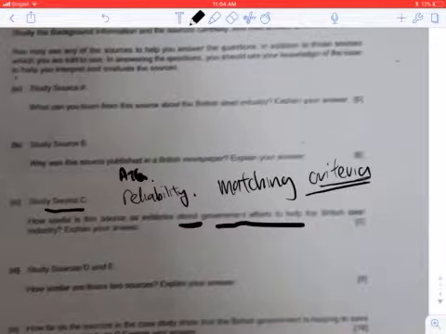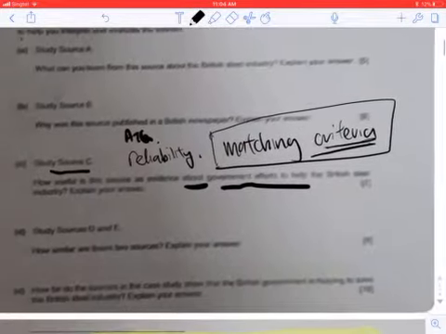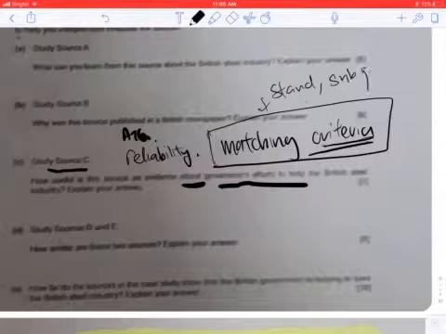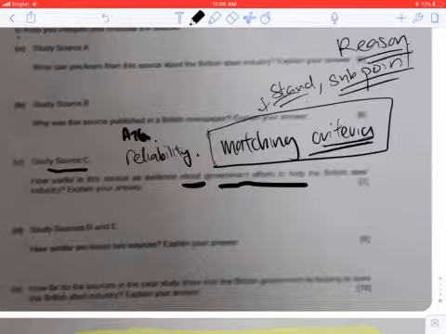Whether it is both agree or both disagree, the criteria has to be matching. To be matching, just use the exact same words. You're matching both the stand and the sub point, and the stand and the reason have to match.